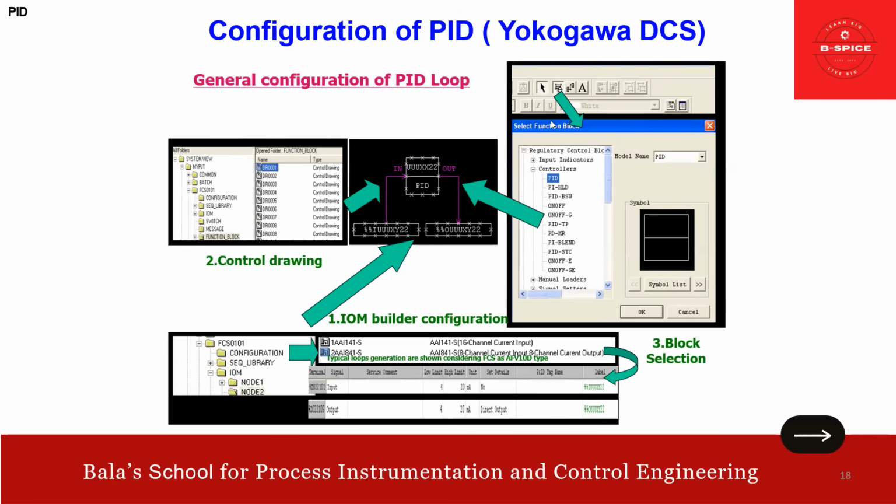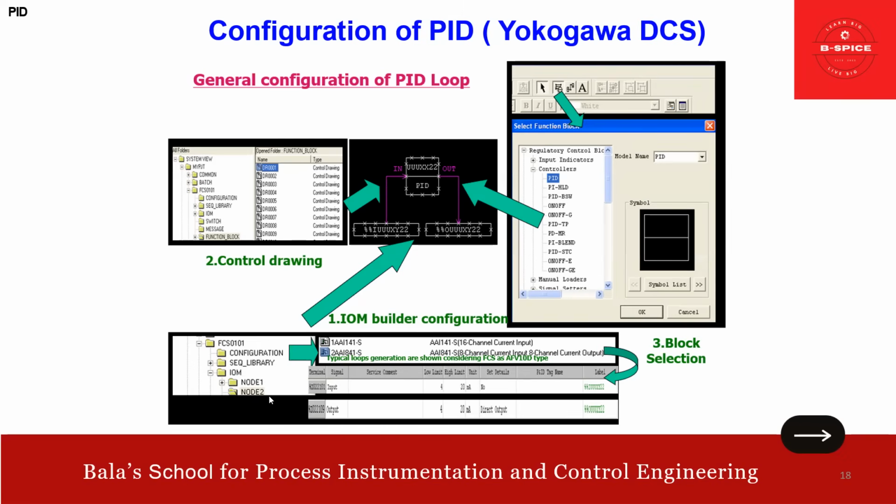If you click this, your function block will come. Then you select PID, and all of these are there, on, off and so on. You just choose this PID, then you can drop it here. This is a typical configuration: just click it, drop it, and connect it. This is your input, this is your output. You got it? I hope it's clear.